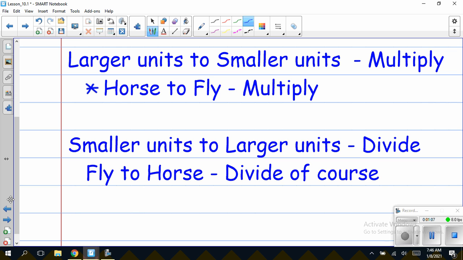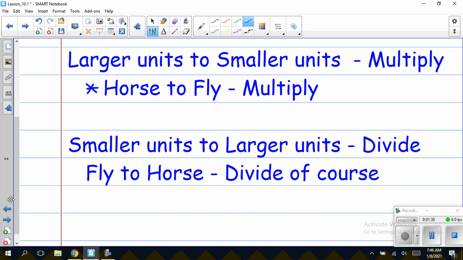For example, if I want to go from yards to feet, I know that 1 yard is bigger than 1 foot. So to go from a yard to a foot, I need to multiply. So I need to remember horse to fly, multiply. Again, because I'm going from a large unit, yards, to a smaller unit, feet, I would have to multiply to find that answer.